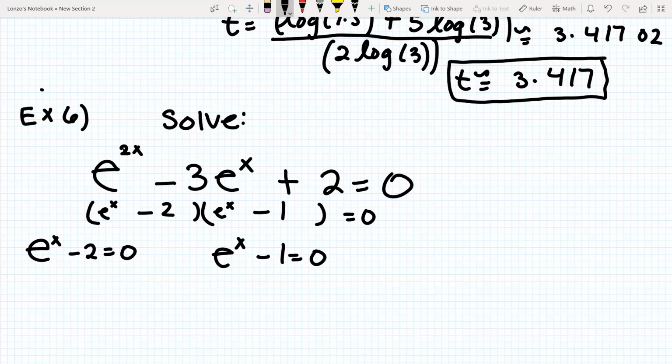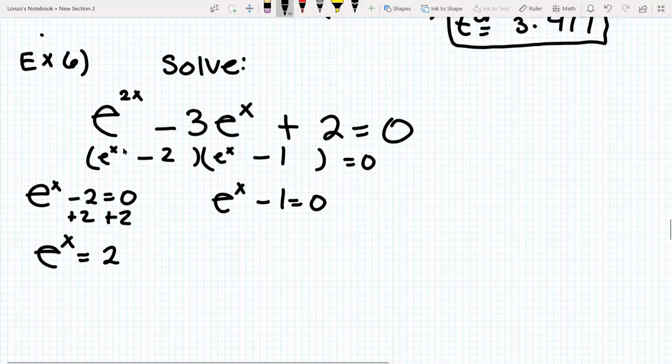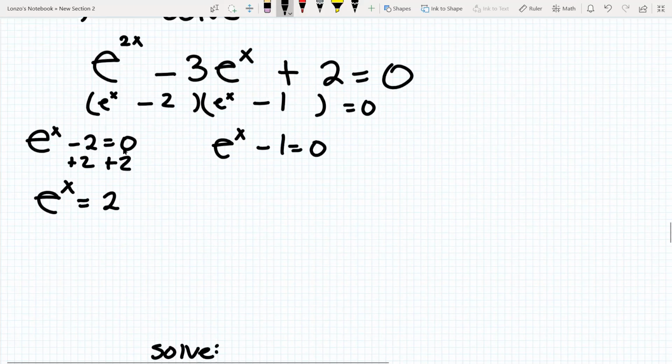Solve for x: you're going to add 2, so e to the x equals 2. Over here, you add 1 and get e to the x equals 1. Now you want to solve for x, but you have to somehow get rid of this e. The only way to do that is take the inverse.